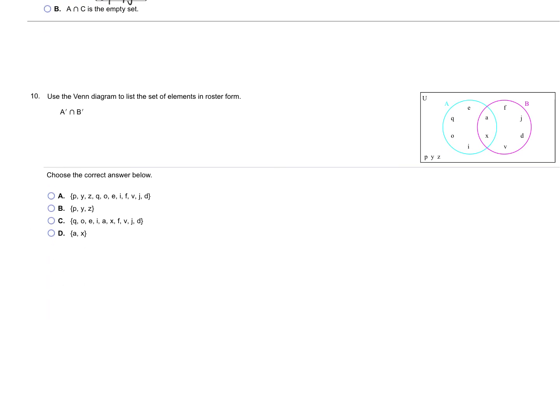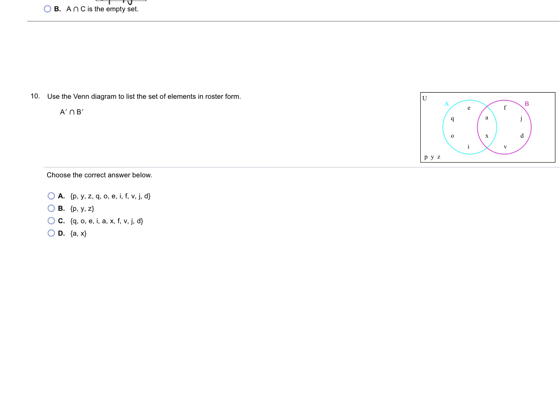All right, the last one, number 10, use the Venn diagram to list the set of elements in roster form. So remember this little mark that looks like an apostrophe, that's a complement. So this means A complement intersect B complement.